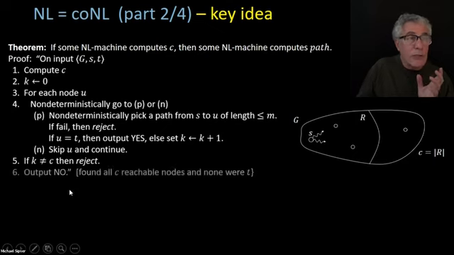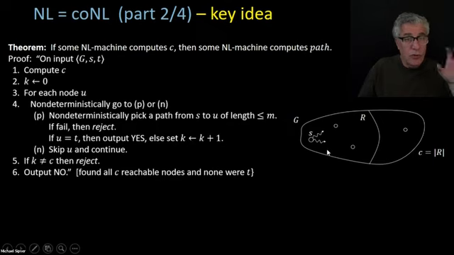But some branch of the non-determinism is going to guess all of the correct nodes which are reachable. And then if T hadn't been found already to be one of them, at this point, I know T is not reachable, and so I can output no. Okay, so that's the whole thing.